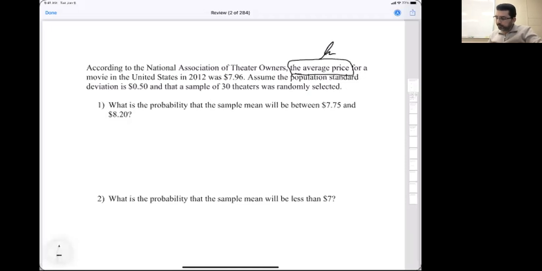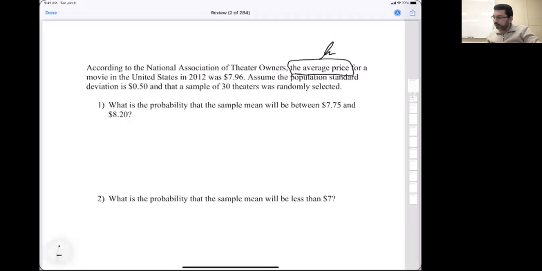Assume the population standard deviation is 0.5, or 50 cents, and a sample of 30 theaters was randomly selected. What is the probability that the sample mean will be between $7.75 and $8.2?